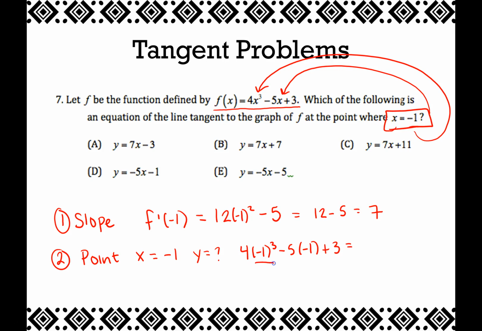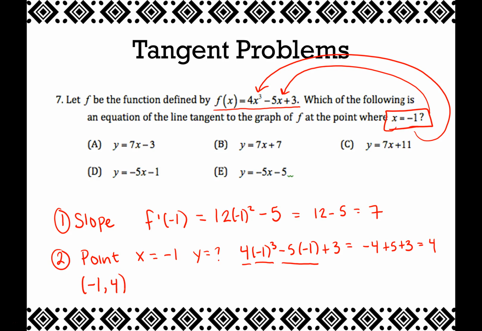So -1 cubed is -1 times 4 is -4 plus 5 plus 3. So that gives me 4. So my point is the point (-1, 4).